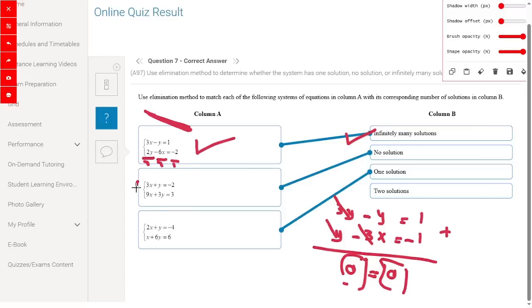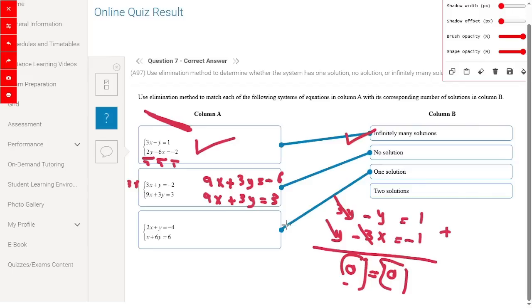So I need to multiply this with 3. So I'll have 9x plus 3y equal to minus 6, right? And the other one will be 9x also plus 3y equal to 3.